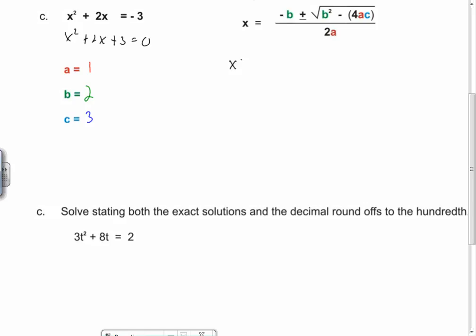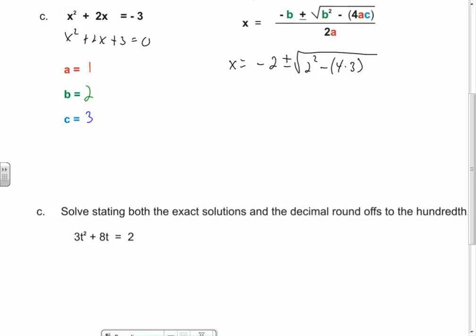All right, so now we're ready to sub in. Negative b, so that's a negative 2, plus or minus the square root of b squared, so that's a 2 squared, minus, I'm going to use that parentheses, 4. You can put the 1 in there if you want, but times 1 is kind of boring. But feel free to put it in there if you want.